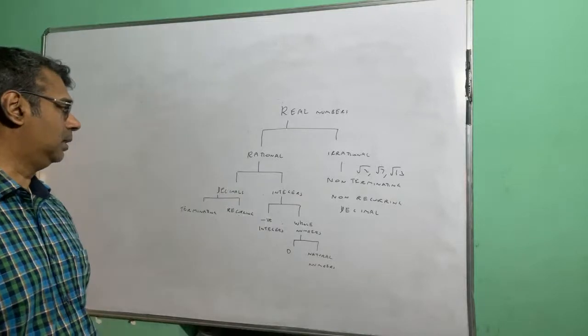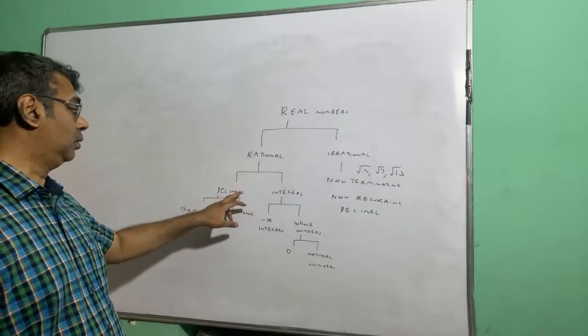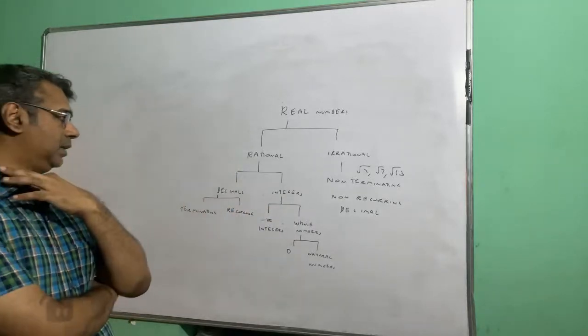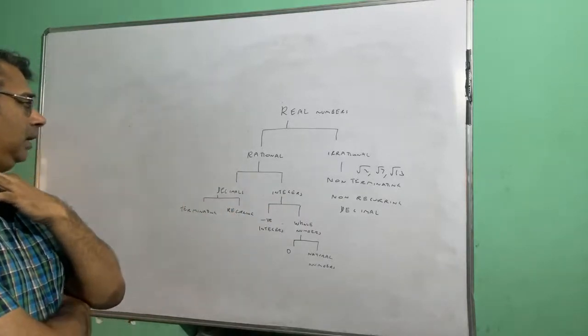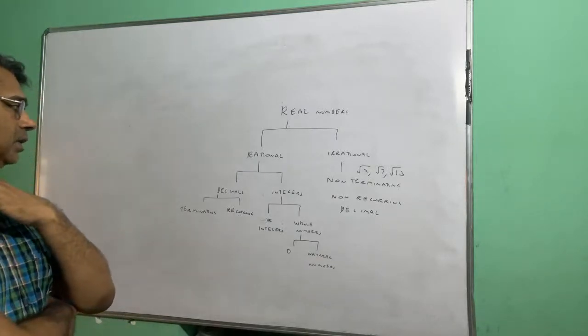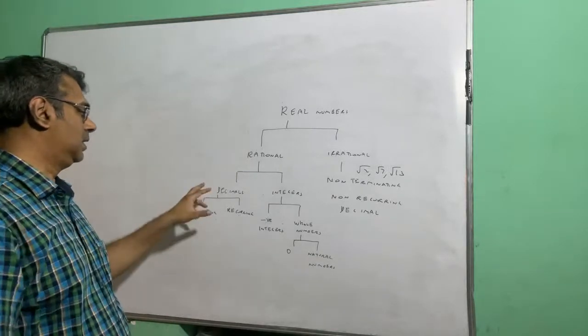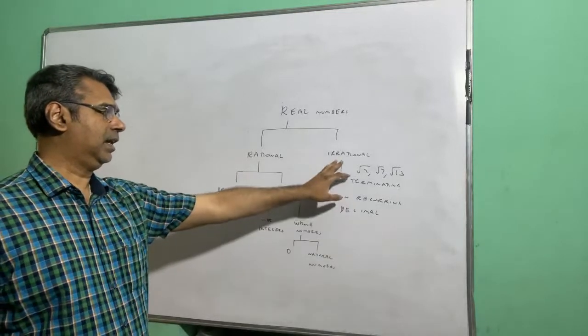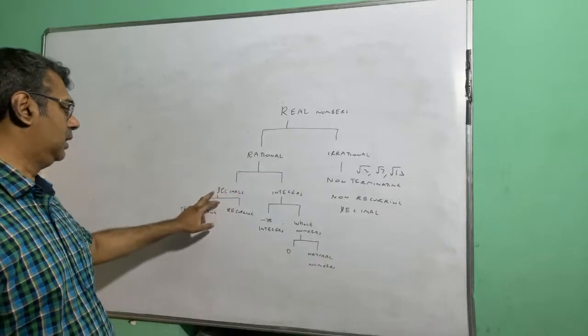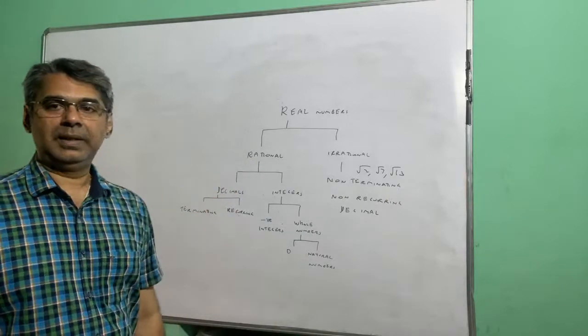Now rational numbers are divided into two categories. One is decimals and one is integers. Okay? So rational numbers can be decimals, they can be integers. And for decimals, we have already said irrational is non-terminating, non-recurring. So in rational, the decimal has to be either terminating or recurring.